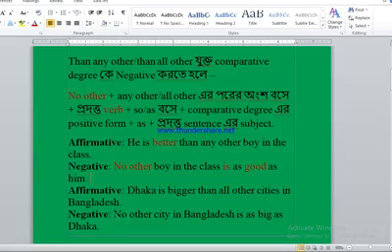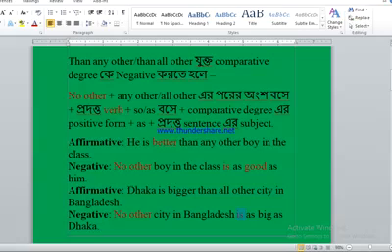At the very beginning of the negative sentence you will put "no other", then the rest of the words of the comparative degree, then "any other city in Bangladesh". Then you will use the verb "is".